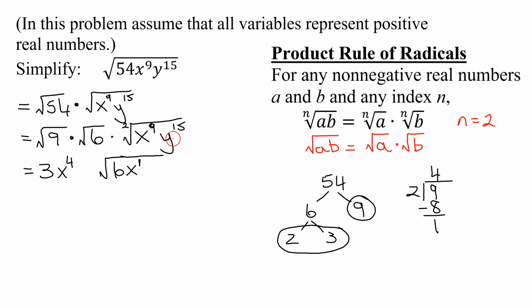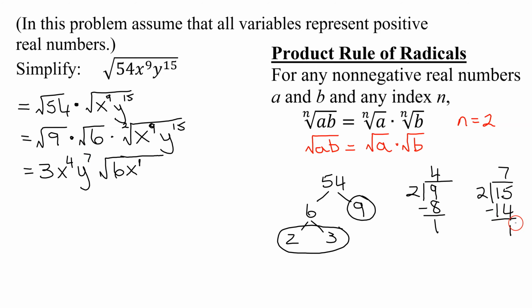Repeat the process with the y's. The index is a 2. It divides into the exponent on the y, which is 15. 2 divides into 15 7 times. 7 times 2 is 14. Subtract 15 minus 14 is 1. The quotient 7 is the exponent on the y outside of the radical.